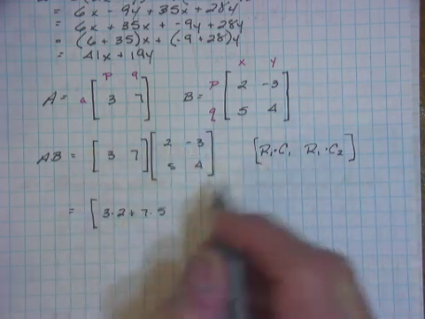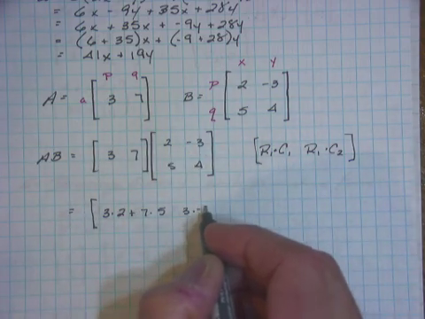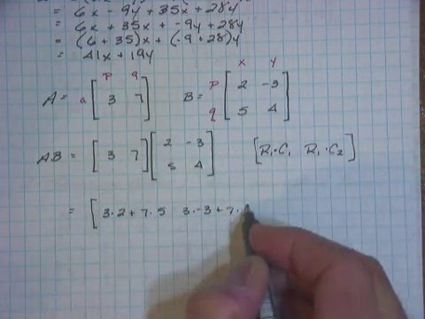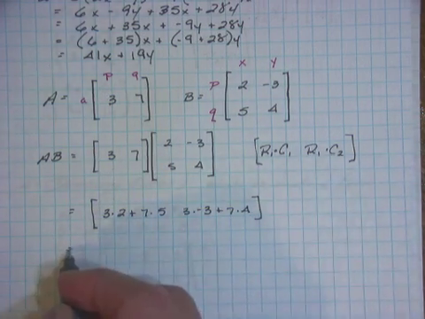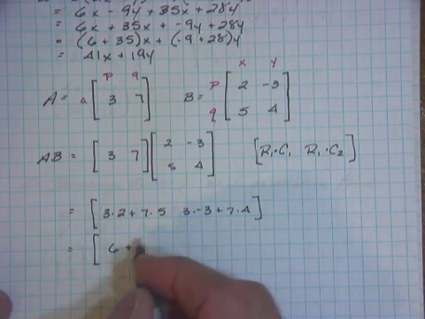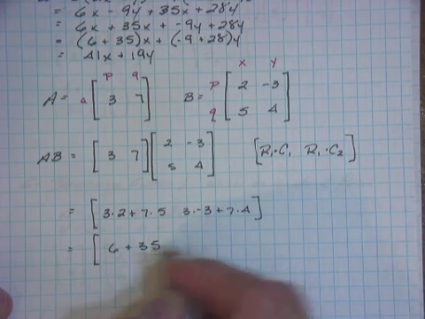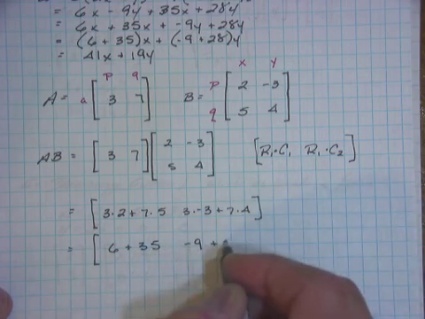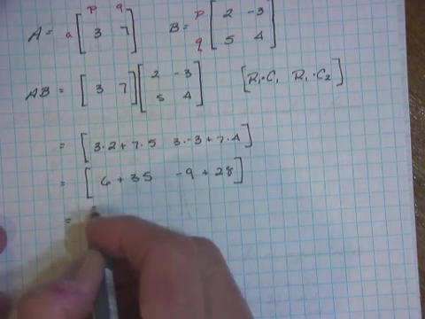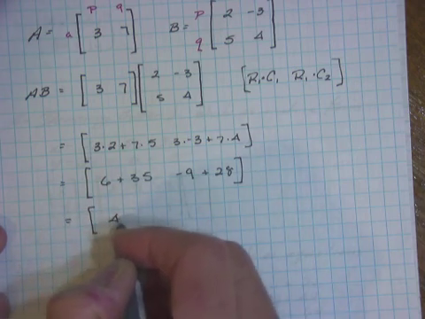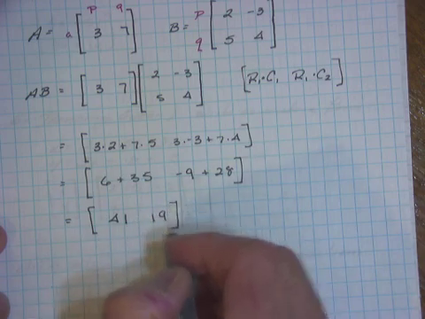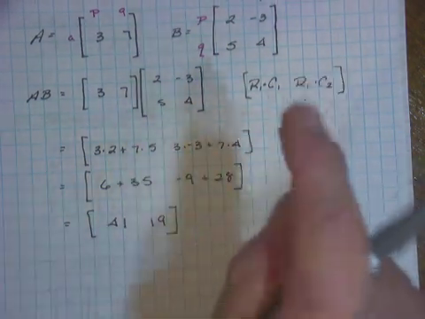We've got 3 times 2 plus 7 times 5, and then 3 times negative 3 plus 7 times 4. So now you've got 6 plus 35 and negative 9 plus 28. Those numbers should start to look familiar.